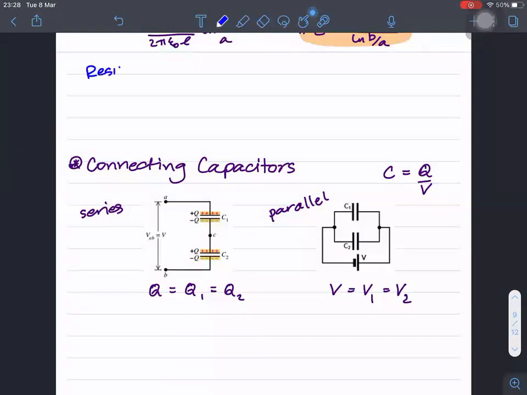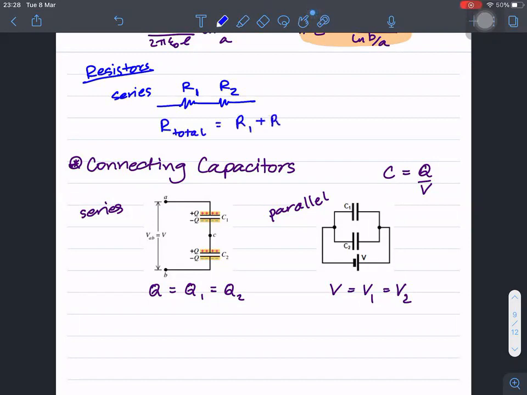For resistors in a series configuration, if I have R1 and R2 connected in series, we know that R total is simply R1 plus R2.